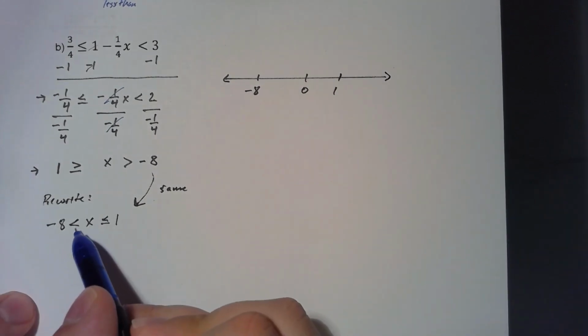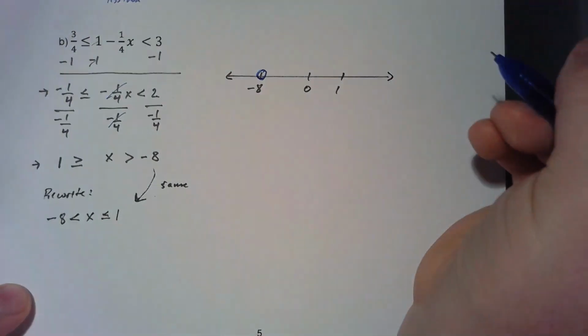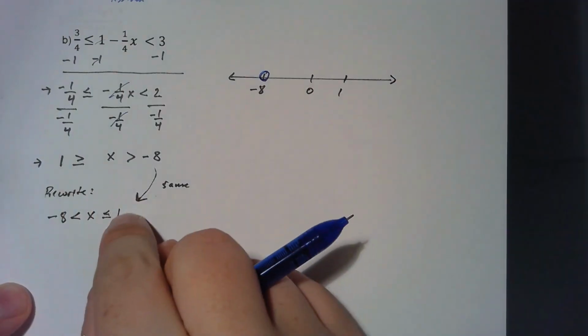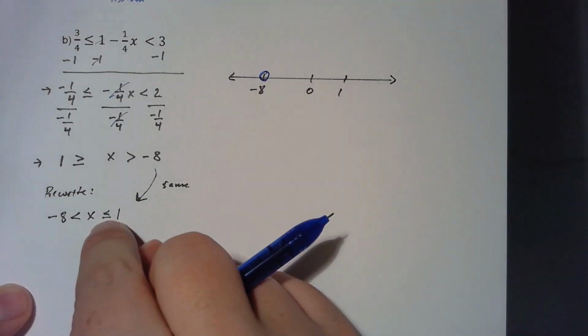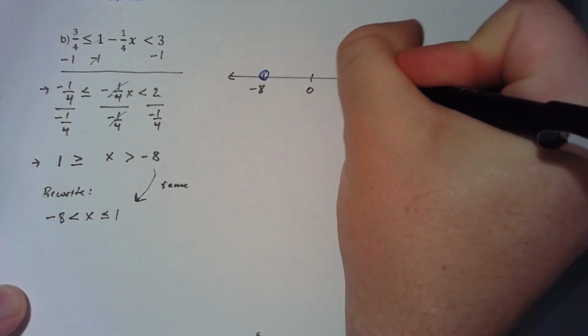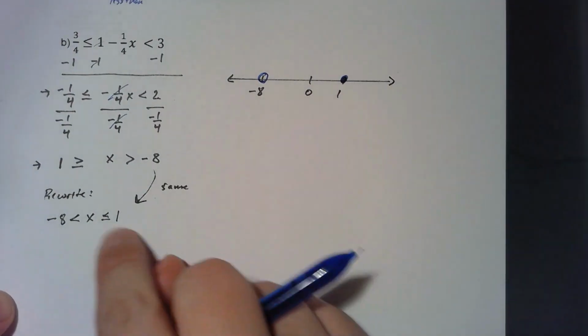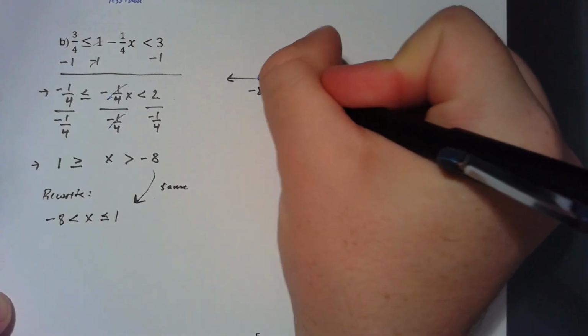It's just less than. So I have an open circle there. 1 is part of it because it's less than or equal to, so it's going to be shaded there. Right? And everything in between is part of the interval.